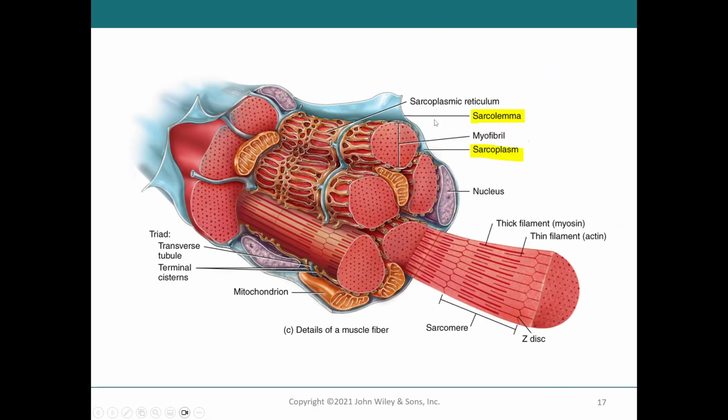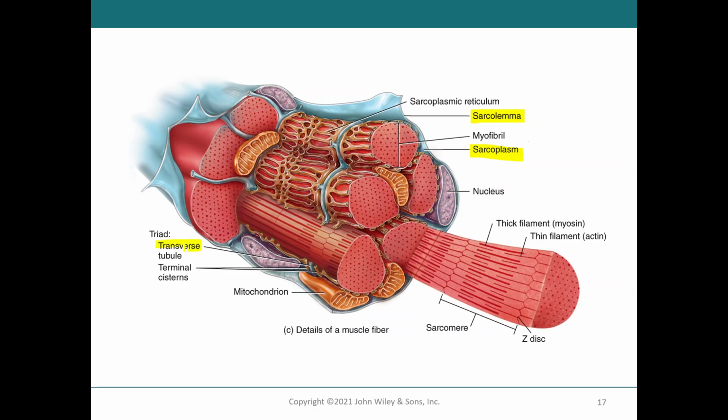So here are the big things I wanted to show you, and let me highlight some more. We have the sarcolemma that you need to know. That's going to be the casing. We have the individual myofibril, which is the unit. Sarcoplasm is just the cytoplasm in the space all around.